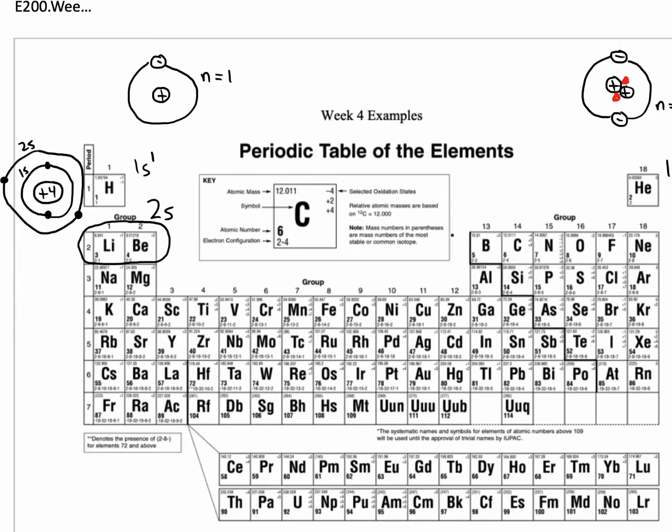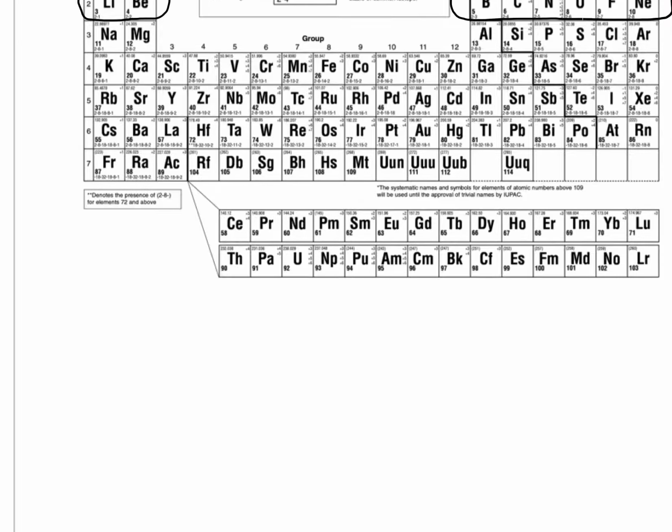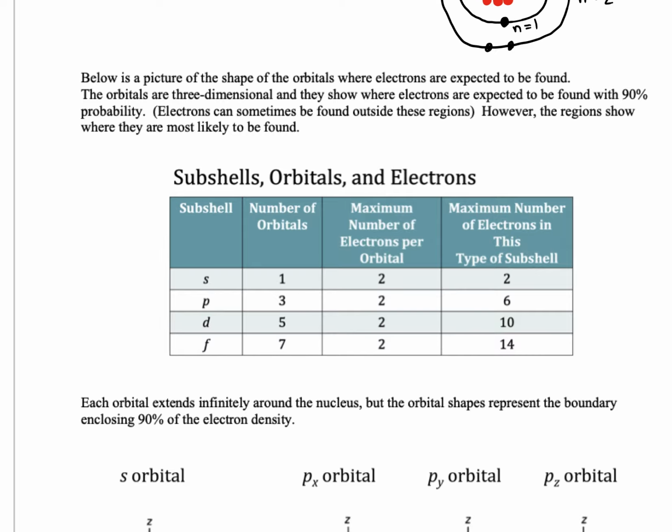When we go across the gap here to these elements, the electrons that they will fill, they will be part of what's called the 2p subshell. And that's everything that would be included in neon.